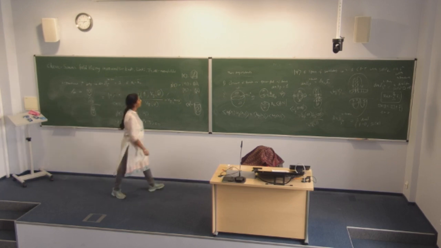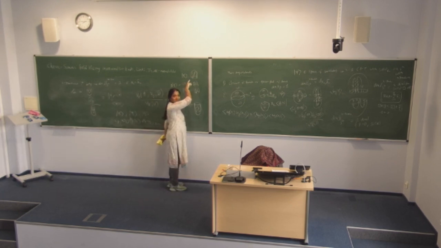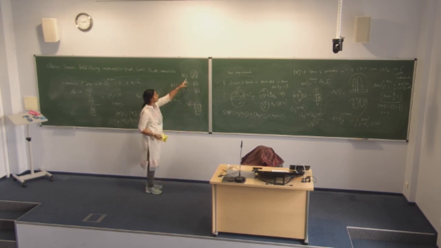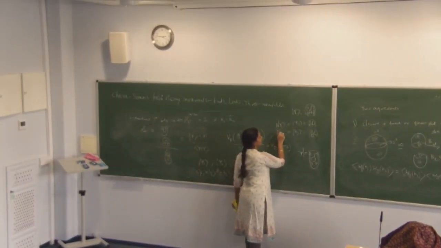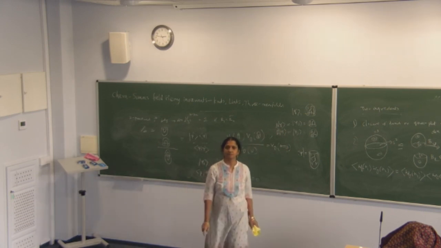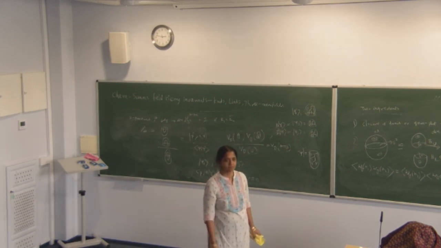Okay, you can put an appropriate orientation so that the braiding is going to unwind that, and then you can write this as B squared on psi 1, right? Okay.